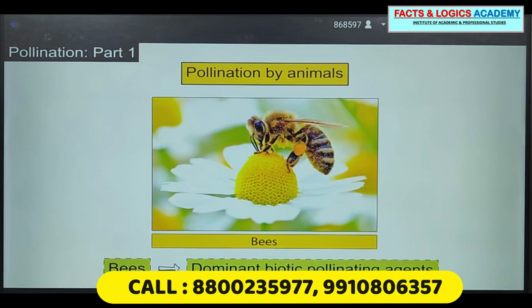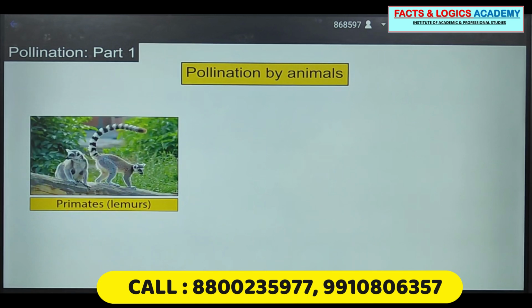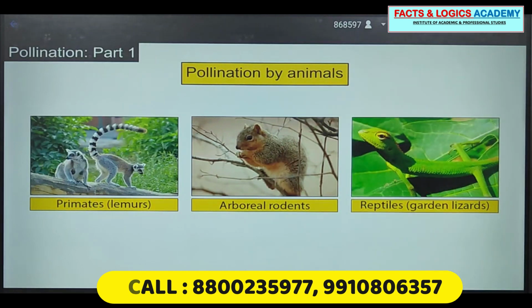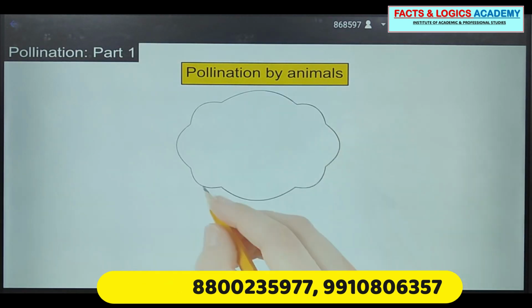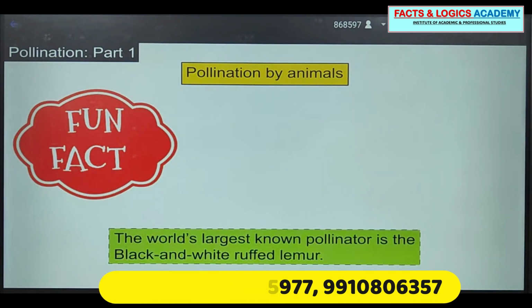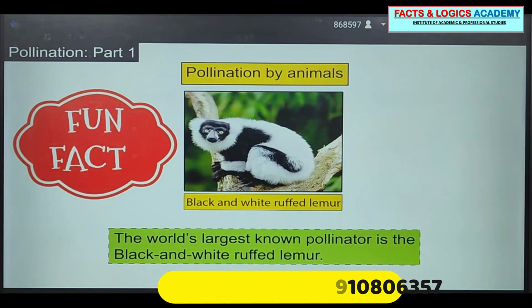Pollination is also brought about by larger animals, such as some primates, lemurs, arboreal tree-dwelling rodents, or even reptiles, gecko lizard, and garden lizard. Now here's a fun fact for you. The world's largest known pollinator is the black and white ruffed lemur.